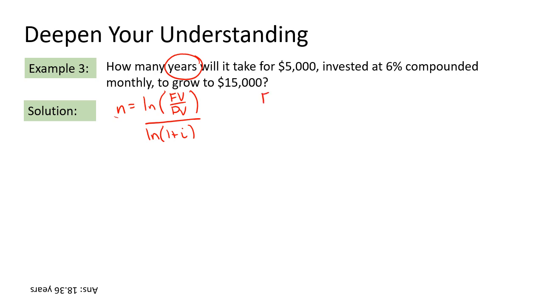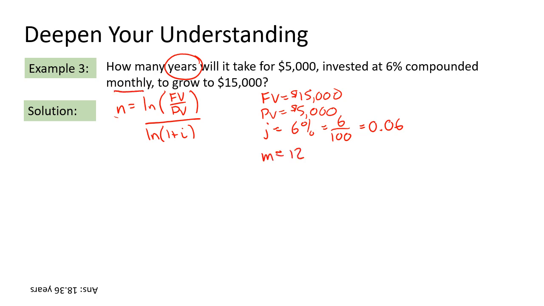So we know a couple things. The future value in the question was $15,000. The present value was $5,000. Our nominal interest rate, j, is 6%, which is equal to 6 divided by 100, removing the percentage sign, which is 0.06. m, again provided in the question, is monthly, which means the value is 12.